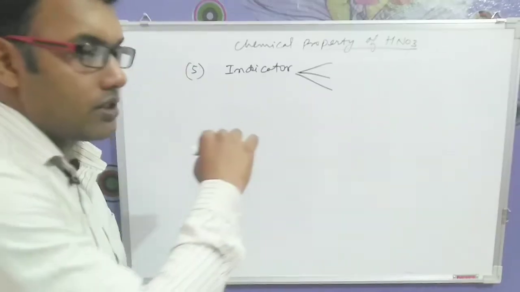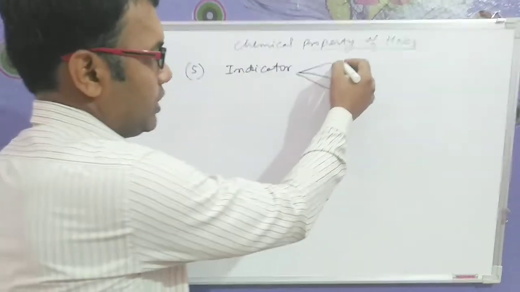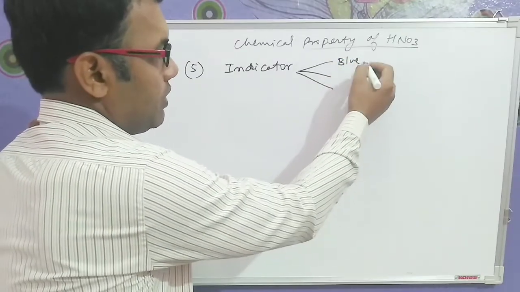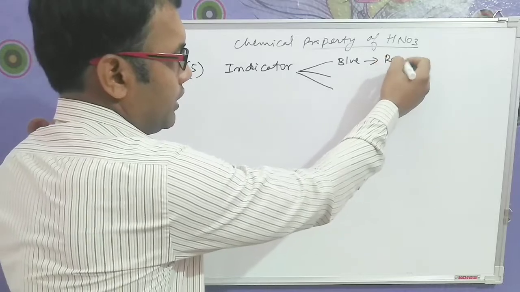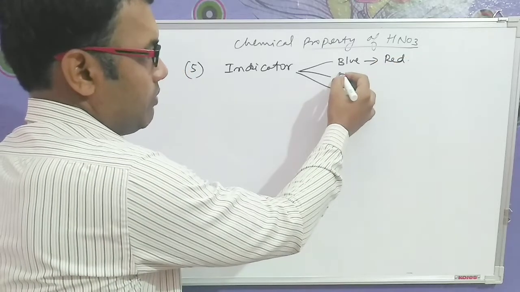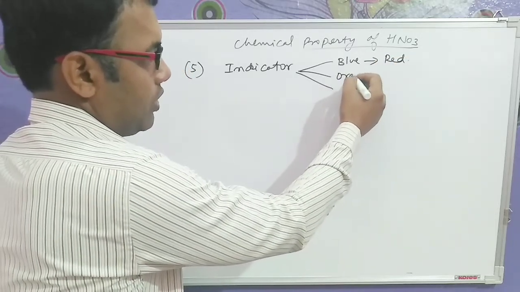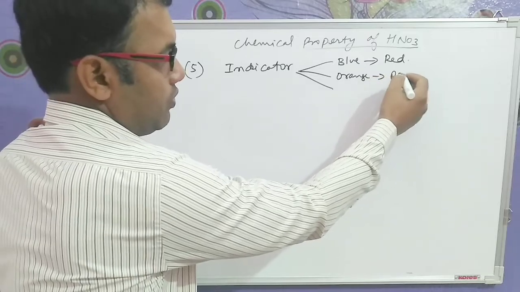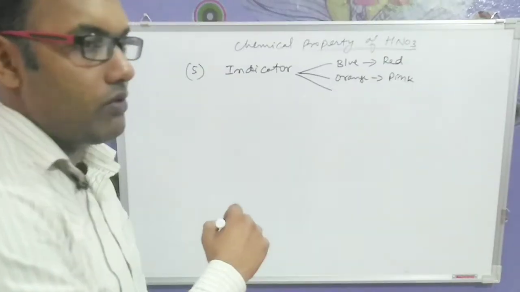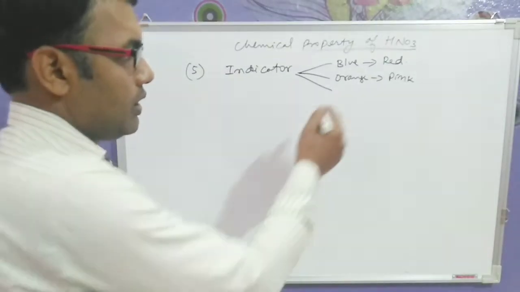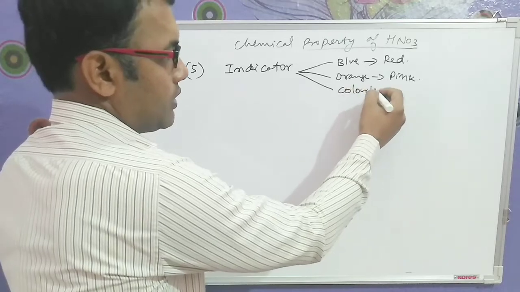Generally we study 3 indicators. The first, blue litmus paper, changes from blue to red. The second, methyl orange, changes from orange to pink, and the third, phenolphthalein solution, remains colorless.